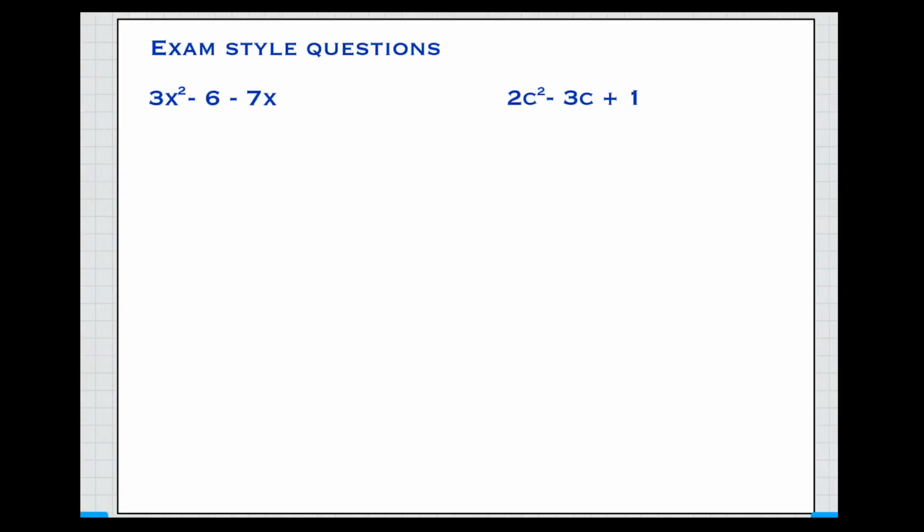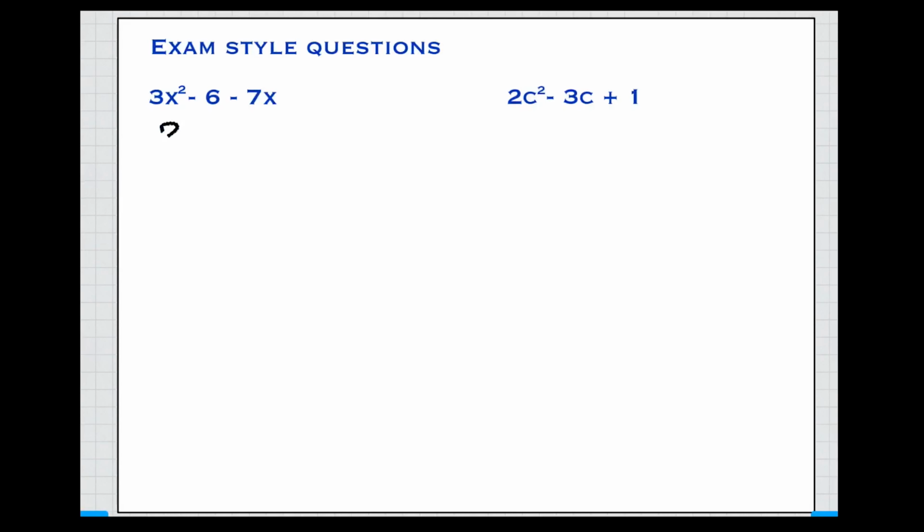First we need to arrange it into quadratic form. This is not in quadratic form. So first we need to write it as 3x squared minus 7x minus 6 equal to 0. So basically now it is in quadratic form. First term is the square term, then the x term, and then the c.